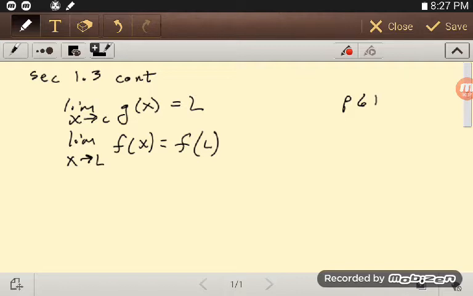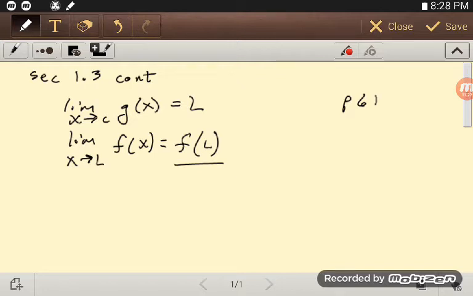You don't want to just say k. It is important that the function's defined there. If I just put a k instead of f of L, I don't even know that f is defined there. But here I actually do need to have it defined there.